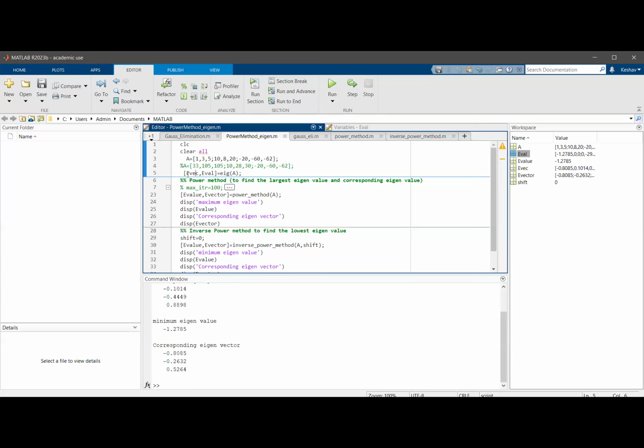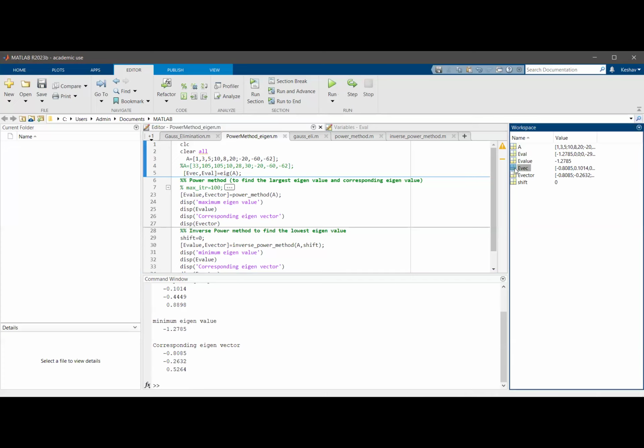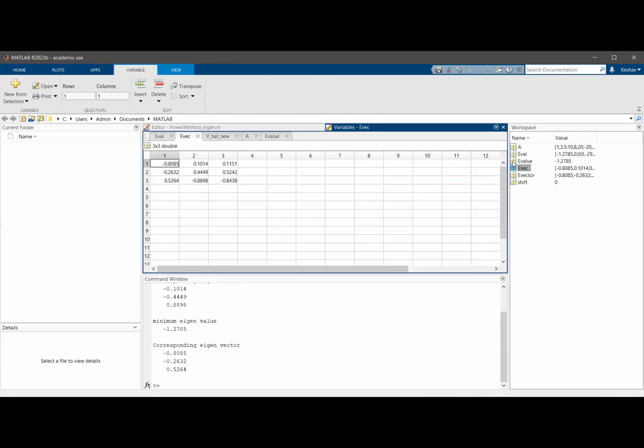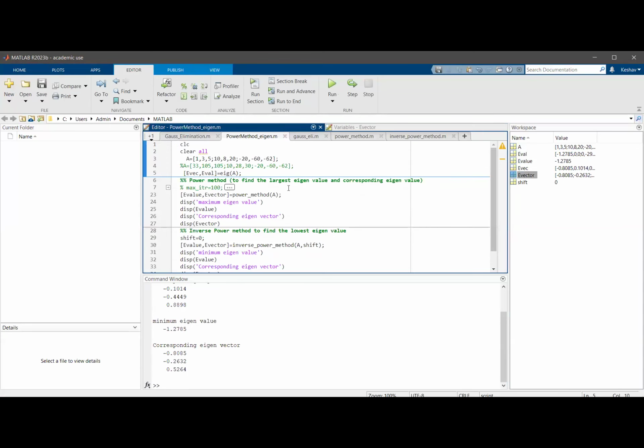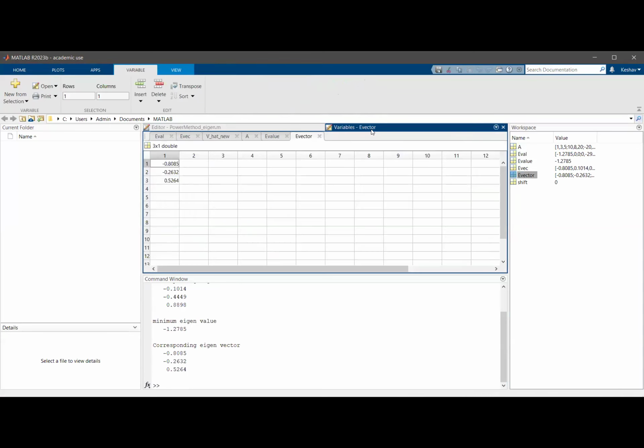Now if I see E vector and E value, this is my E vector and this is my E value. These two come from the inbuilt function, and the other eigenvalue and eigenvectors we have found from our code.